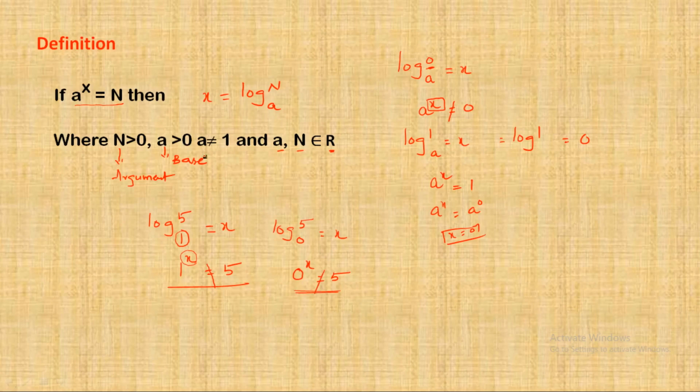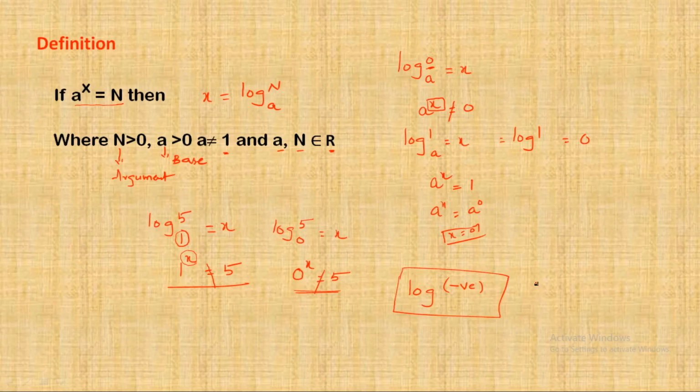That's why for base we have two conditions, that a is greater than 0 and a is not equal to 1. And for argument we have one condition, that n is greater than 0, and we have certain limitations that the logarithm of a negative number is not valid. Logarithm of negative number is not valid, so we have to remember this one.